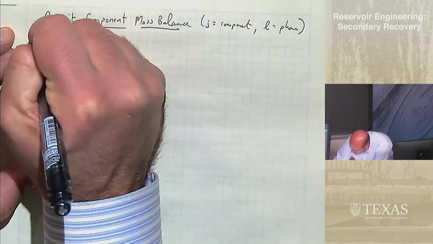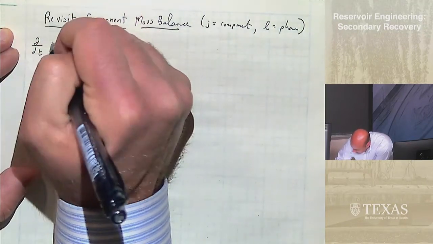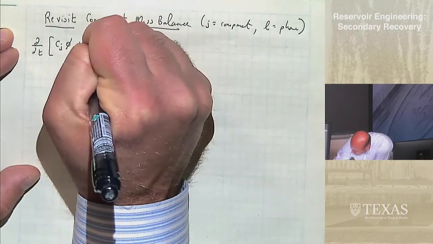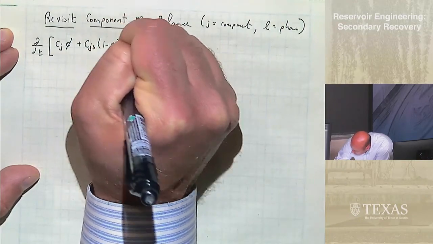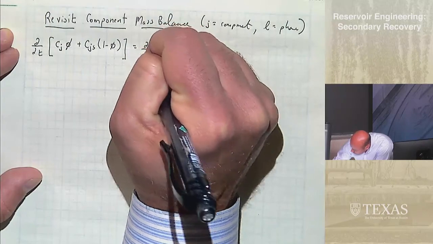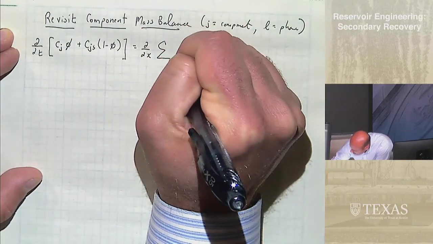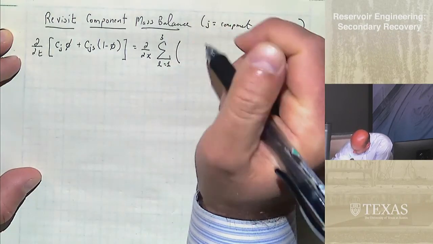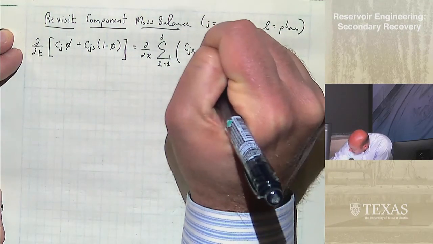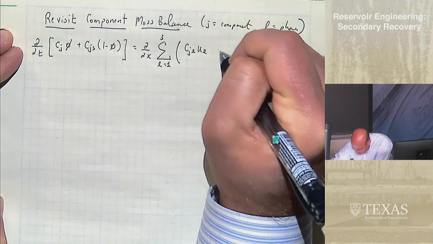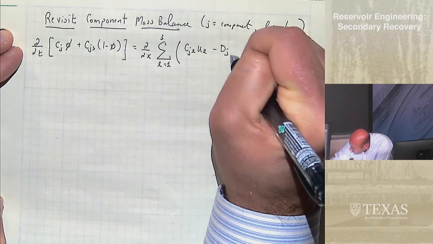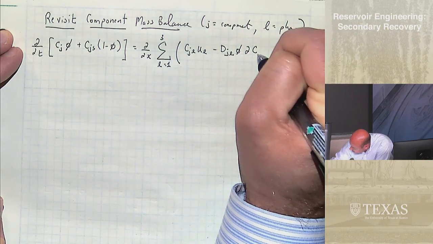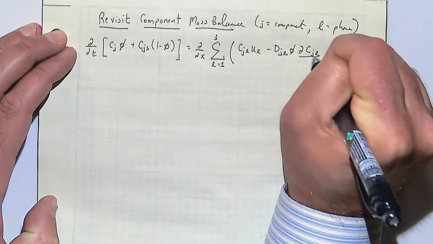And what we derived before is that the accumulation term, partial with respect to t, of Cj times porosity plus Cjs times 1 minus porosity, equals partial with respect to x of the sum over all of our phases, L equals 1 up to 3 phases, of the concentration of component J in phase L times the velocity of phase L, minus the dispersion coefficient of component J in L times the porosity times the change in concentration of component J in phase L with respect to x.